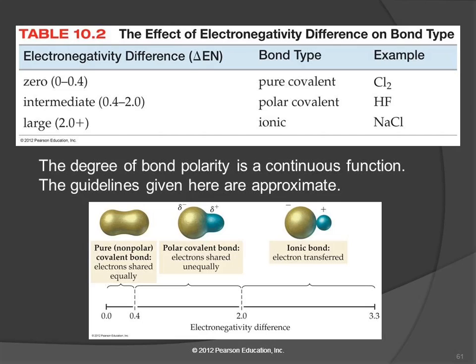The ionic bonds involve a metal and nonmetal. And the nonpolar is the same element. So two hydrogens, two nitrogens, the same. And in here, two nonmetals that are different.